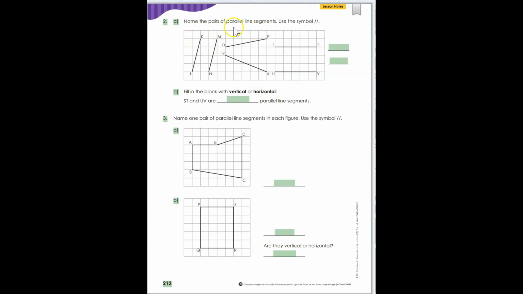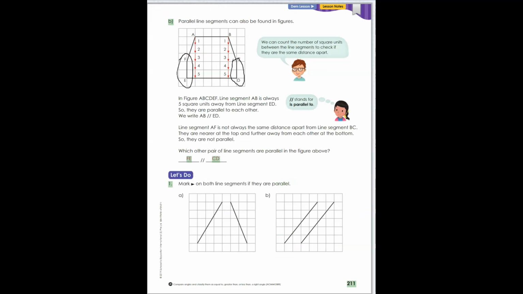Name pairs of parallel line segments. Use the symbol to name them. Okay, so that symbol here is a bit confusing. Have they taught us? We write here. Here it is. I'll highlight it, guys, so that you know.